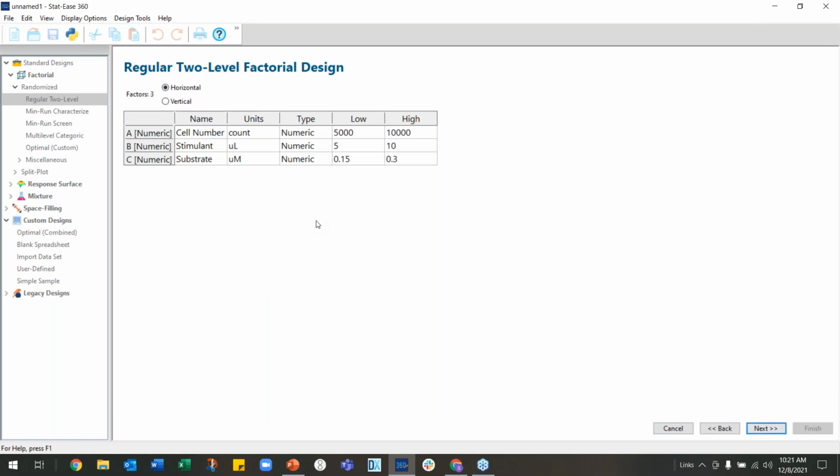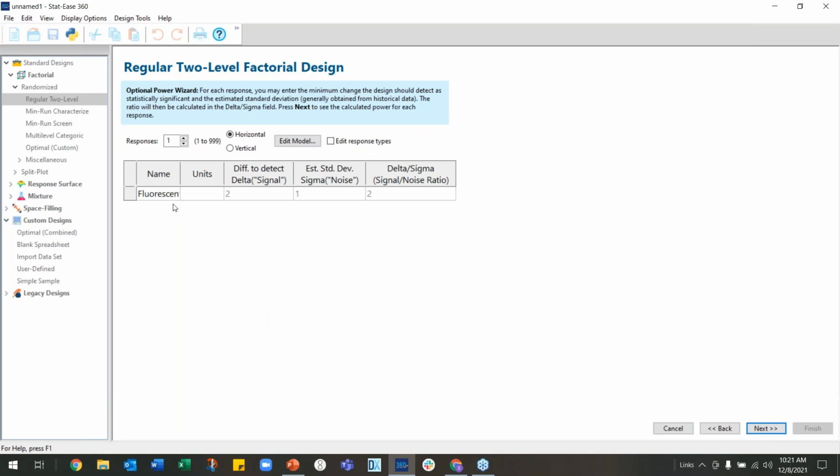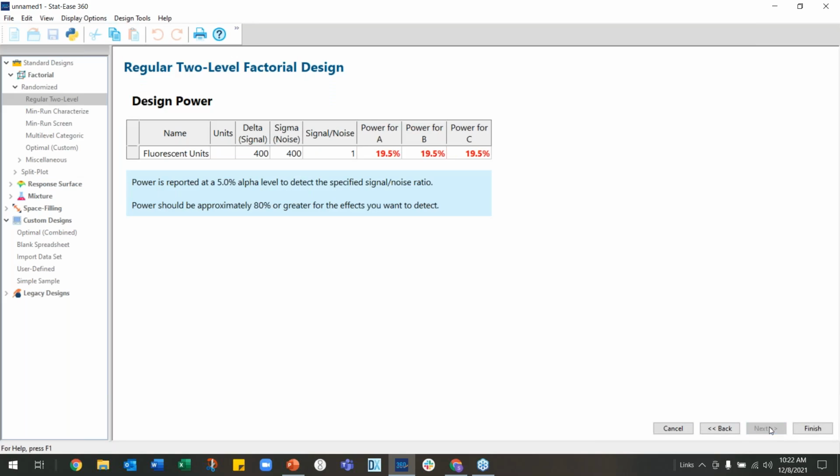We'll click Next. We have our factor names in here. Next. And we have our response. We want 400 signal and a 400 noise. That gives us a signal-to-noise ratio of 1. Then the next screen will tell us for a signal-to-noise ratio of 1, the power to detect this is only about 20%.